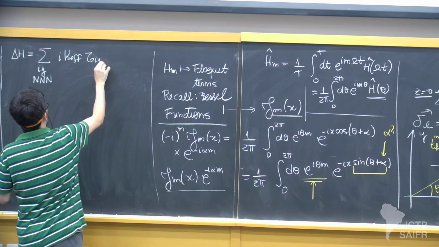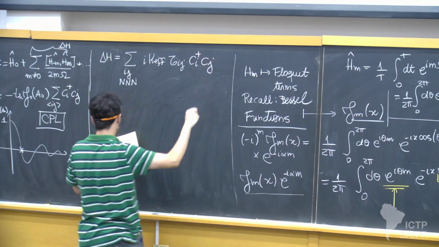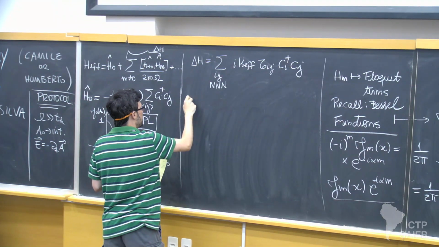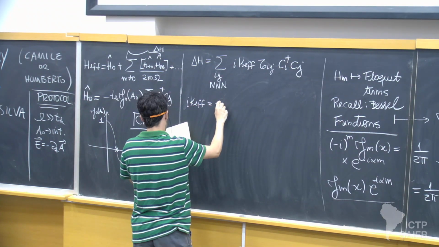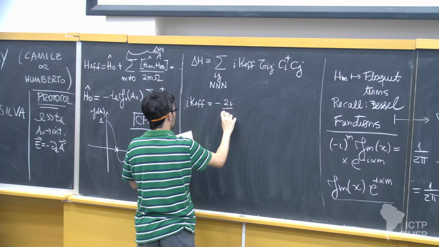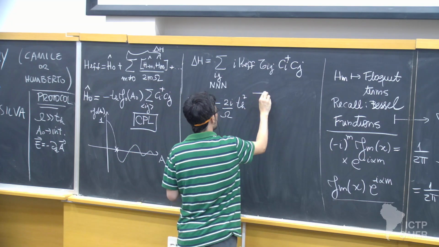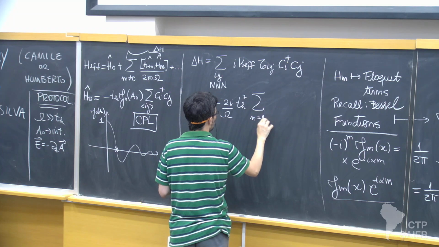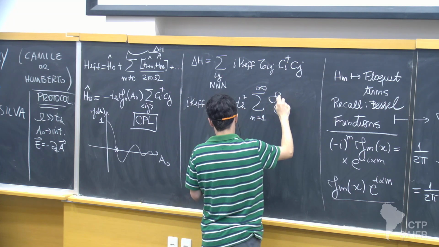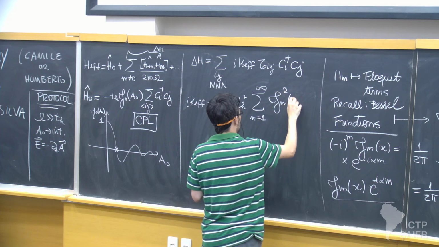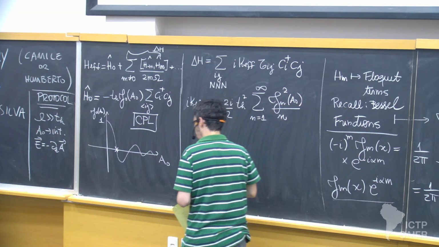Tau ij, ci dagger cj, where I times k effective is minus 2I by omega, th squared, sum over n from 1 to infinity, jn squared of a0, divided by n.